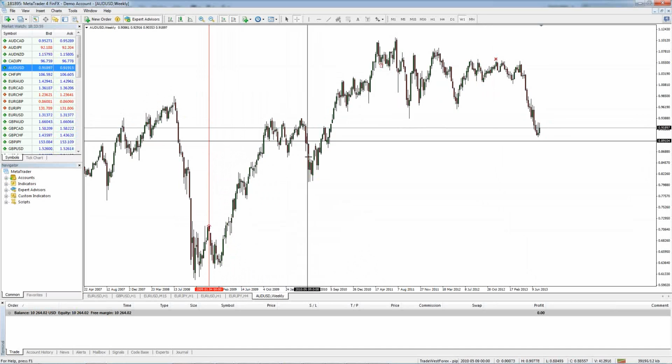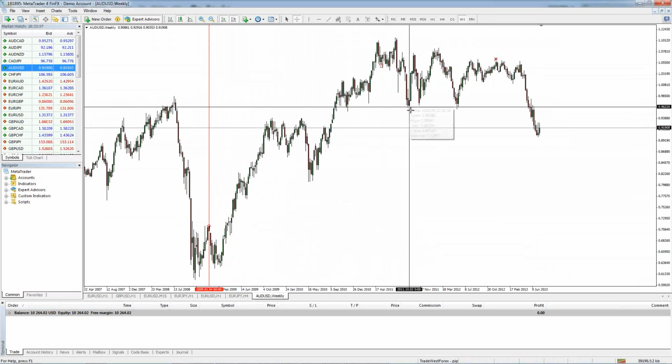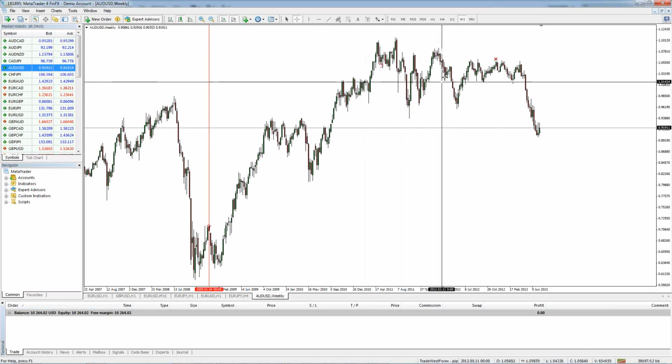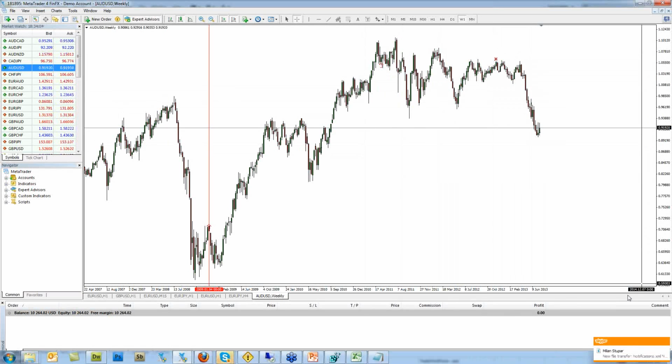If you notice, the short opportunities were pretty limited because of all of this. It didn't start to head down until the interest rates started getting lowered. Okay.